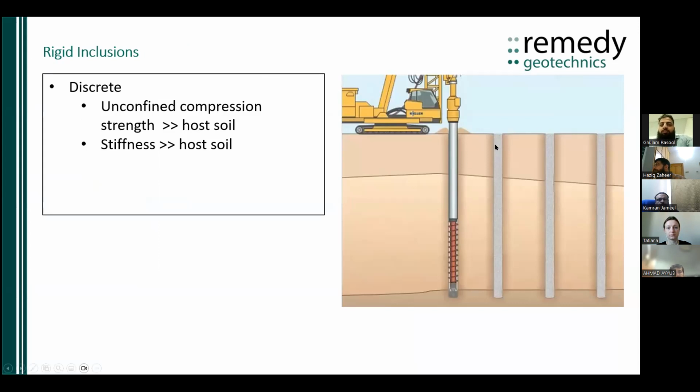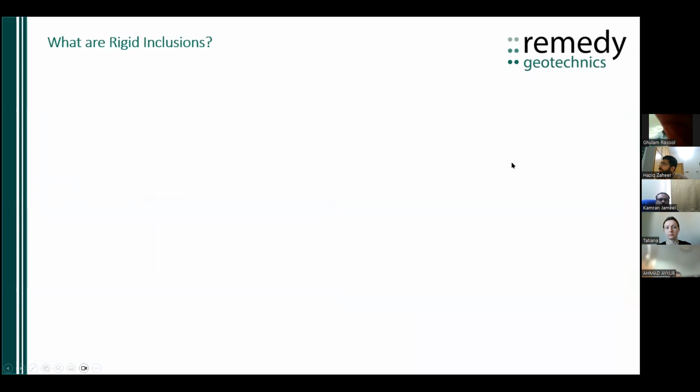The strength of the column is significantly greater than the strength of the host soil, and the stiffness of the column is significantly stiffer than the stiffness of the host soil. But, and we'll go into this in a bit more detail in a minute, they do act very much together. The column acts very much together with the host soil.